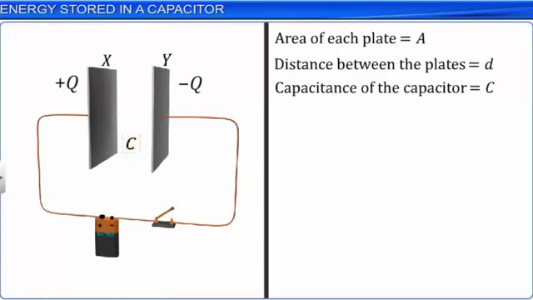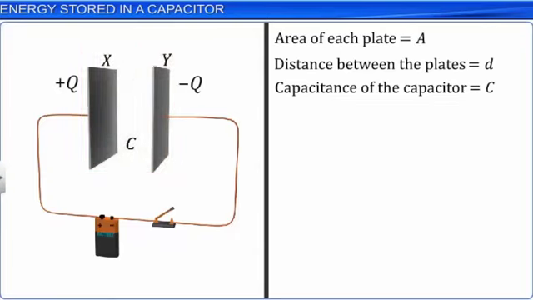Let us now try to understand the mechanism involved in the process of charging of the capacitor plates from an energy point of view. In order to do that, we need to first imagine that the plates of the capacitor are completely uncharged.